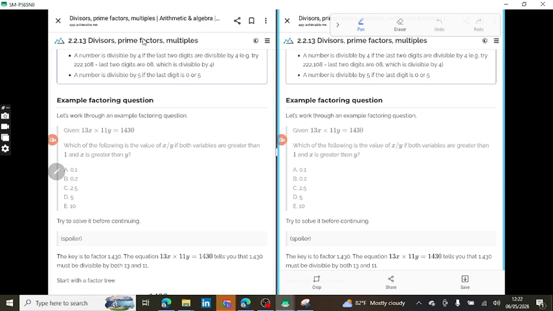If I want to find out whether 13 can divide 143, I can already see that 11 can divide it. You know that 11 can divide 143, right? How do you know?